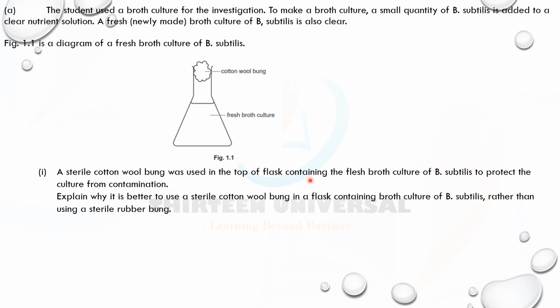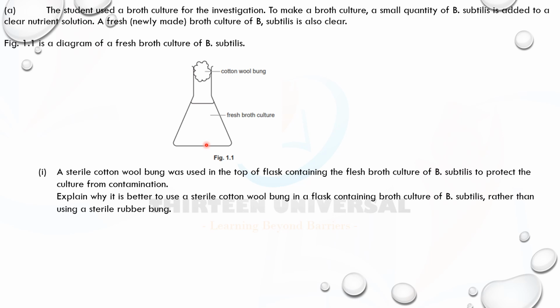Now, why? Because they told us from the beginning that B. subtilis is an aerobic organism. If you go back, you see that. Aerobic means it requires oxygen to carry out respiration. So we use a cotton wool bung instead of rubber to allow oxygen into the medium, because B. subtilis respires aerobically.